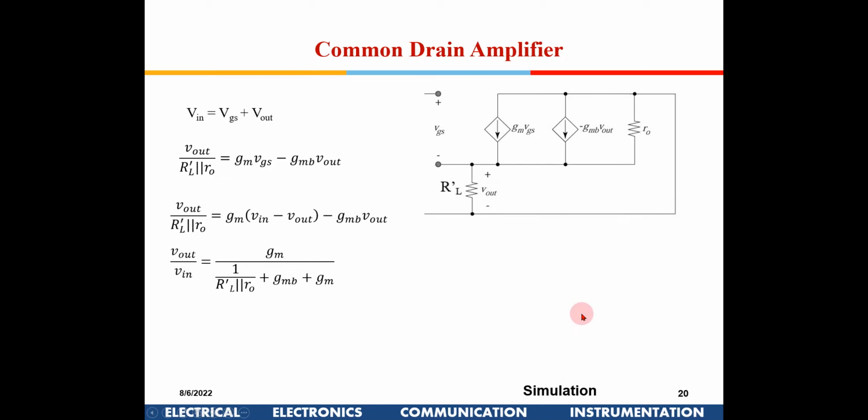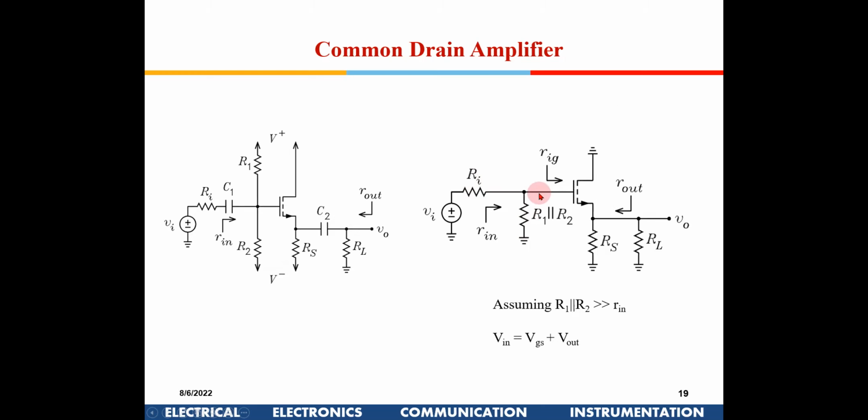If I try to find the gain value, the V in voltage which I have applied is VGS plus V out. Is this equation clear? V in is equal to VGS plus V out. This equation is applicable here.